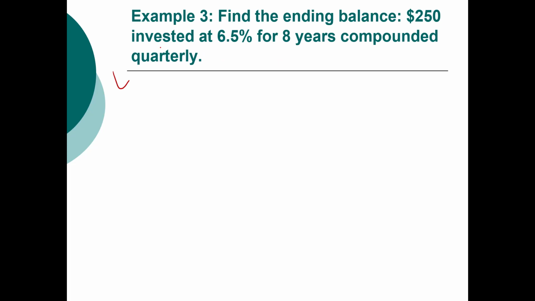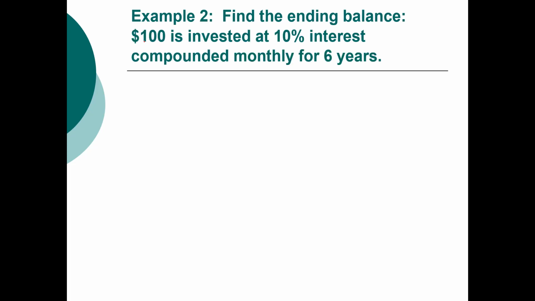This $100 is the principal, the initial investment. The interest rate is 10%. The number of compounding periods: it's compounding monthly, equal to 12. Compounding monthly means the compounding period is 12 per year, and time t equals 6.